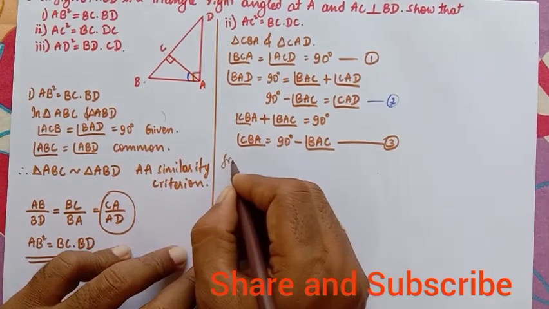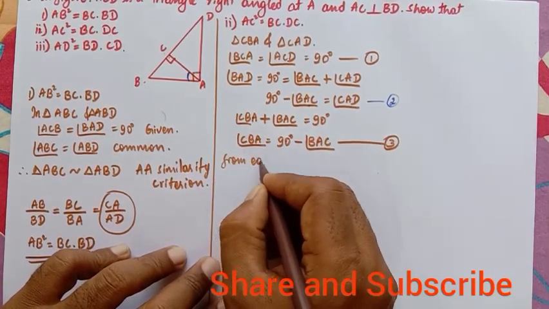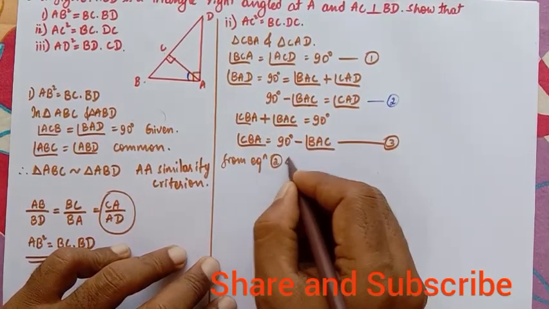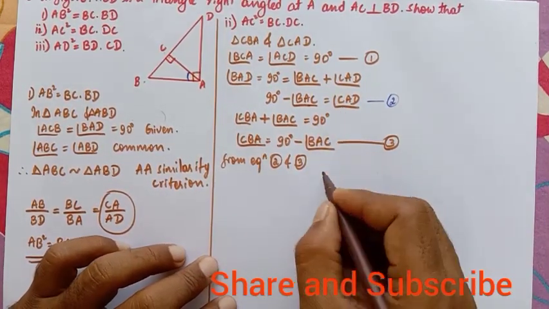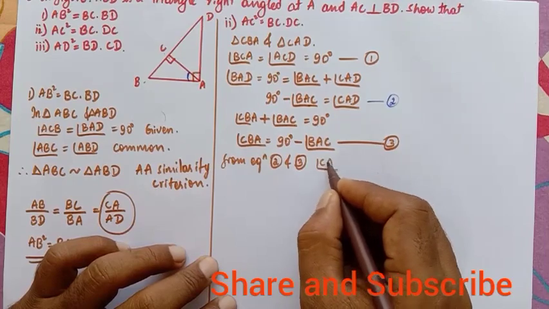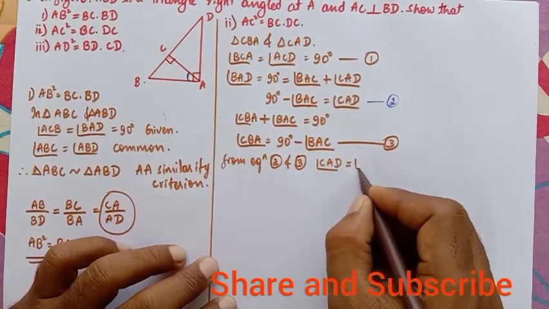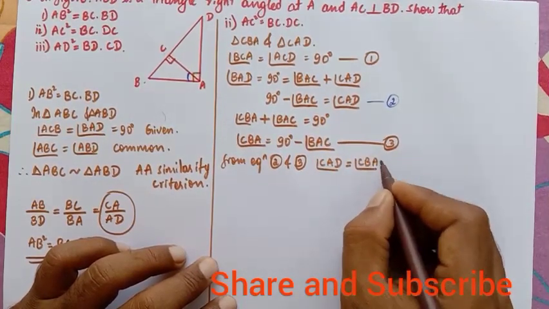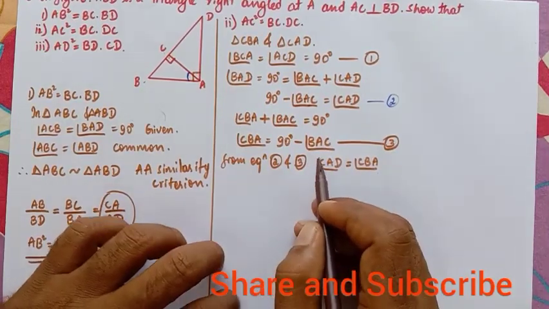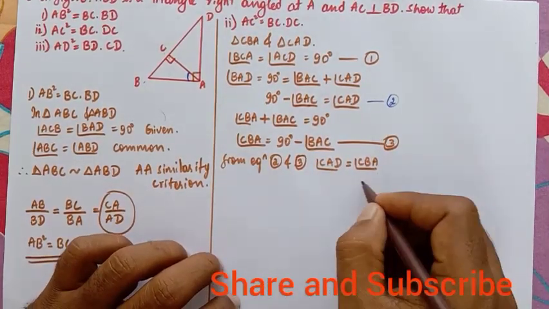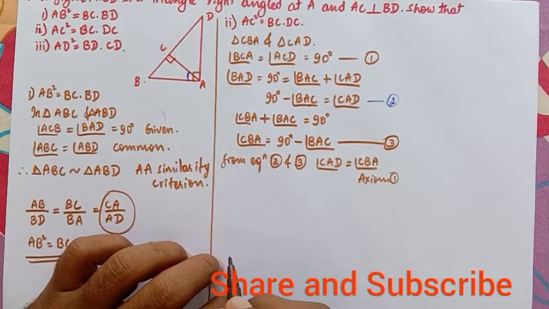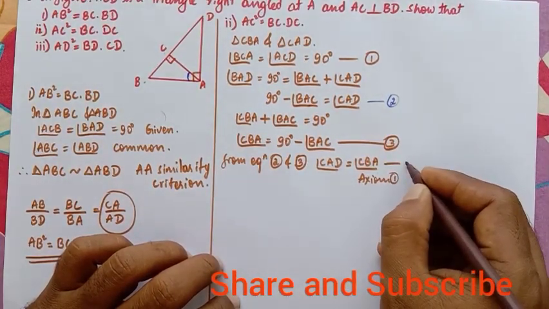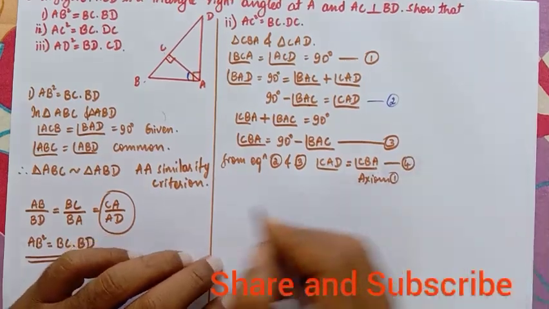From equations 2 and 3, we can write that angle CAD is equal to angle CBA. It is because of axiom 1. Let me take this as equation 4.